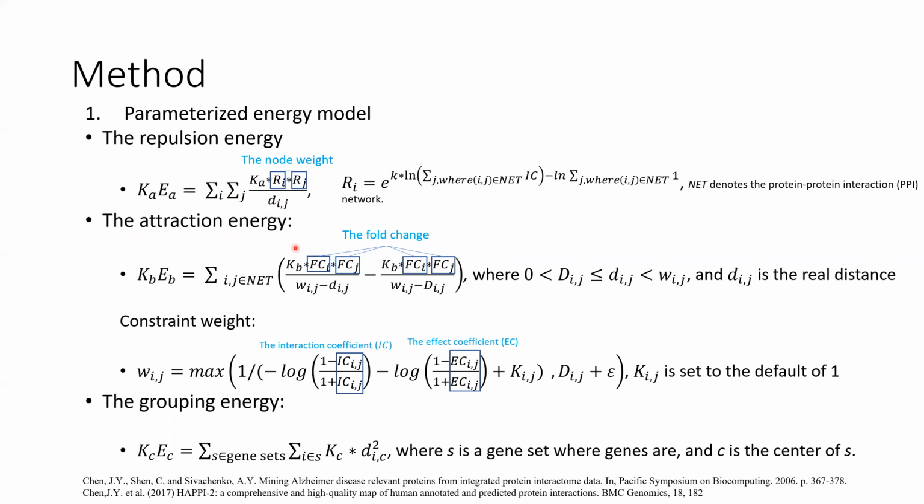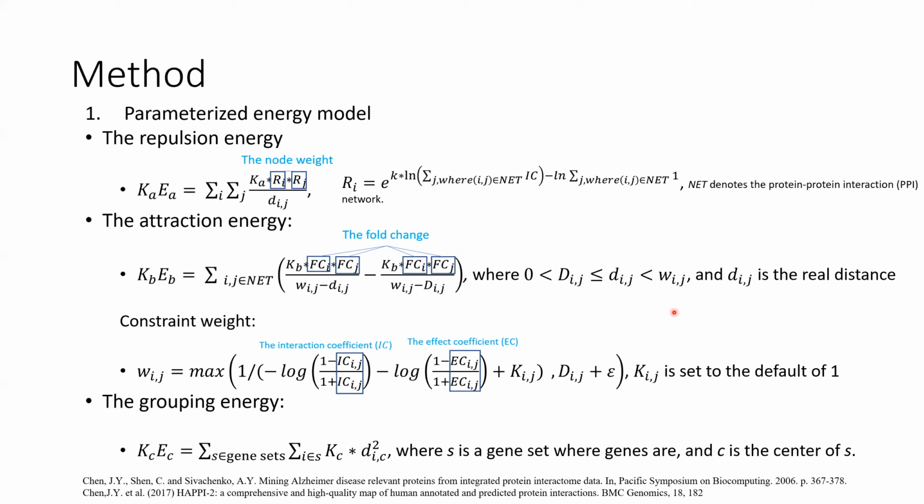In the attraction energy, we introduce the fold change as a numerator and the constraint weight Wij as a denominator to formulate the attraction. To provide a reasonable range of distance, we define the lower bound and upper bound. The lower bound, capital Dij, is an extremely small constant. We set 10 to the power of -8 by default, which makes sure any two nodes do not collapse.